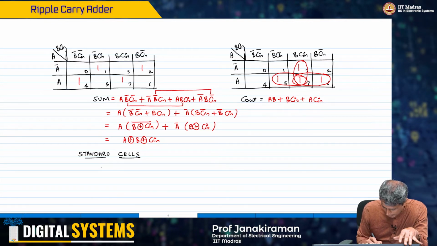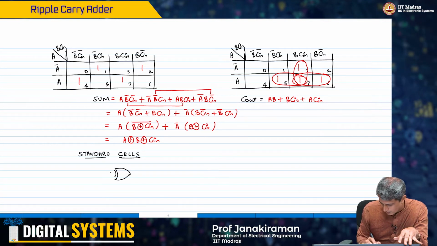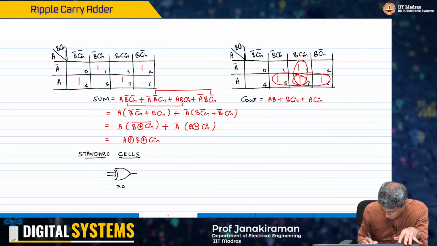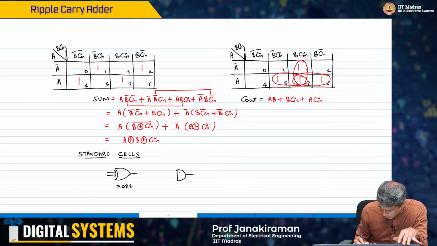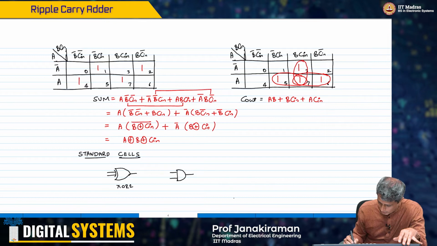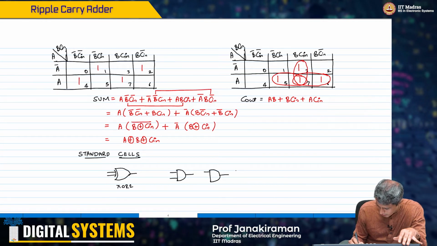I have the XOR gate, XOR 2, and then I have AND 2, and let me just say AND 3 also, just in case.